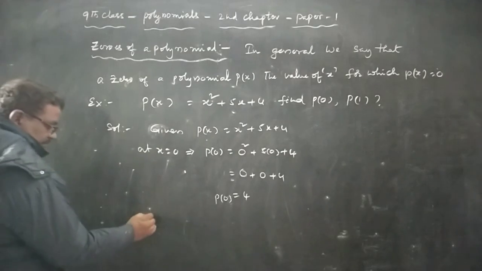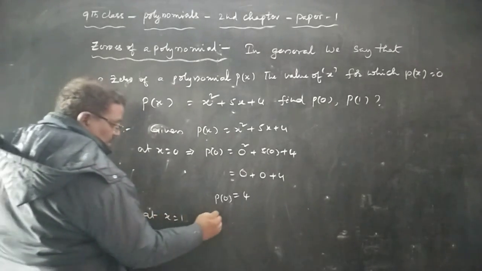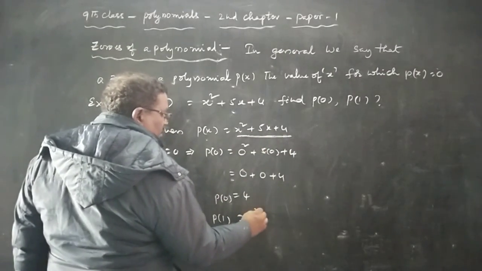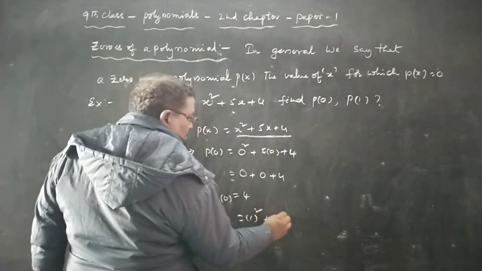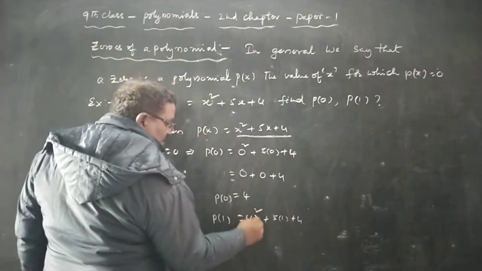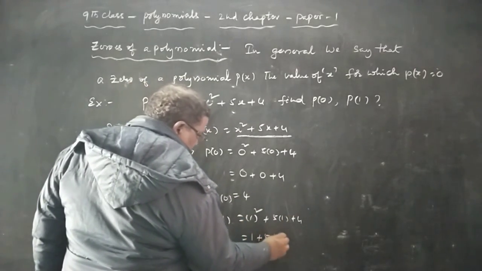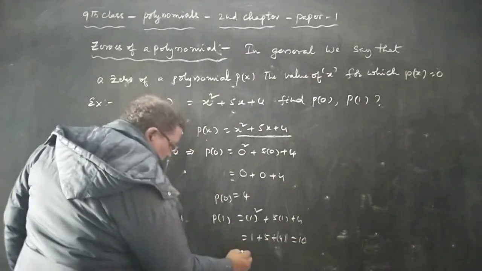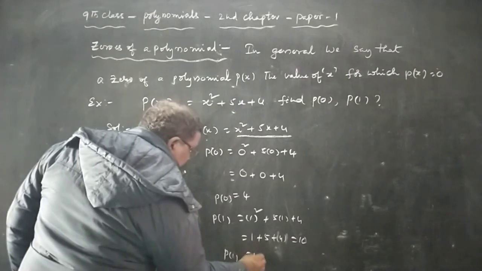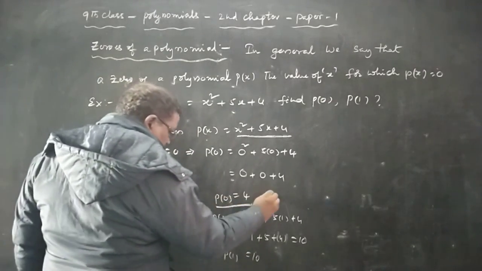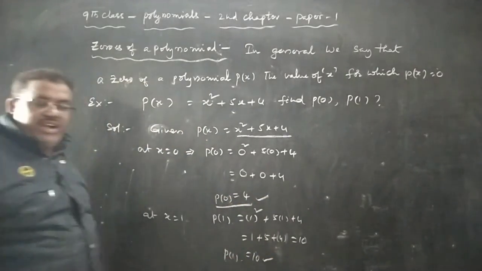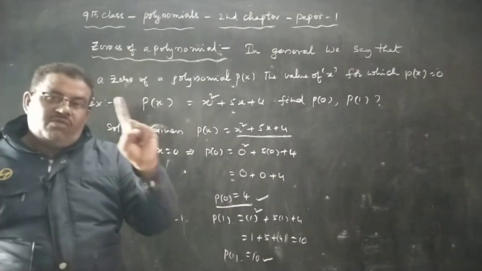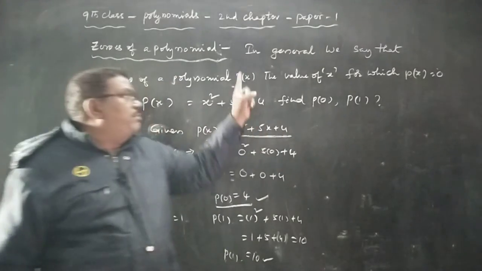At x equal to 1, P of 1 is equal to, substitute in the given polynomial, 1 square plus 5 into 1 plus 4. 1 square value is 1 plus 5 plus 4. We get 10. So, P of 1 is equal to 10. Here P of 0 equal to 4, P of 1 equal to 10. Here we didn't get the 0 value. So hence 0 and 1 are not the zeros of the given polynomial P of x.